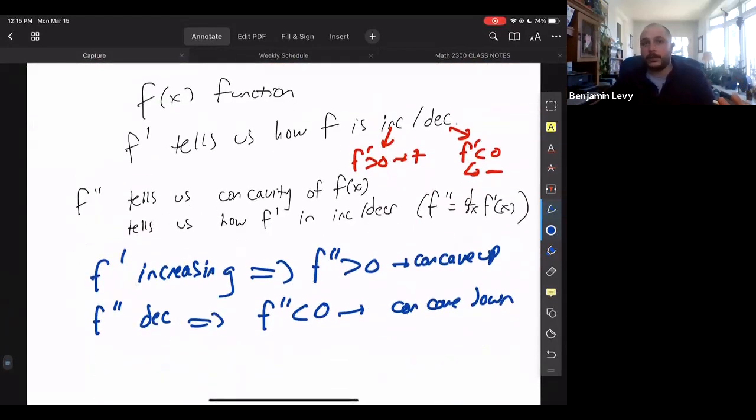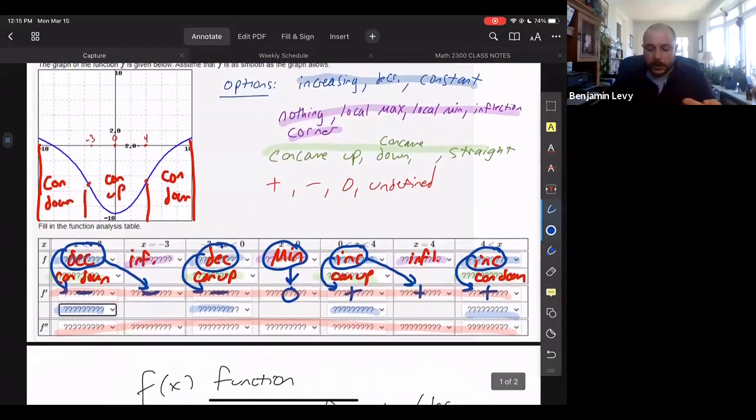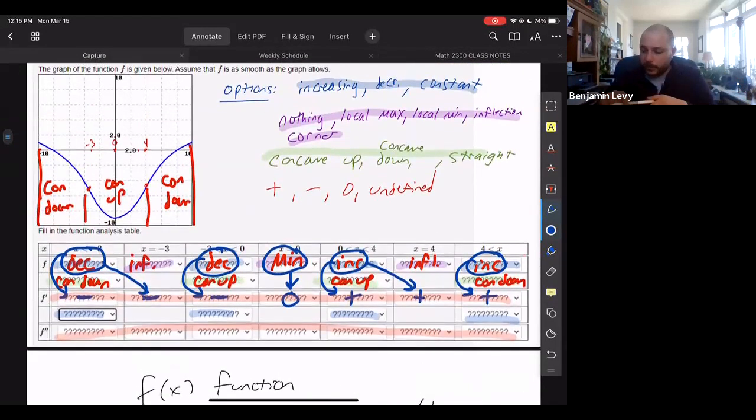I'm going to page back up here and look at it. So we already have concave up or down fleshed out. Let me switch my color. And so this concave down part is telling us that the derivative must be decreasing, right?